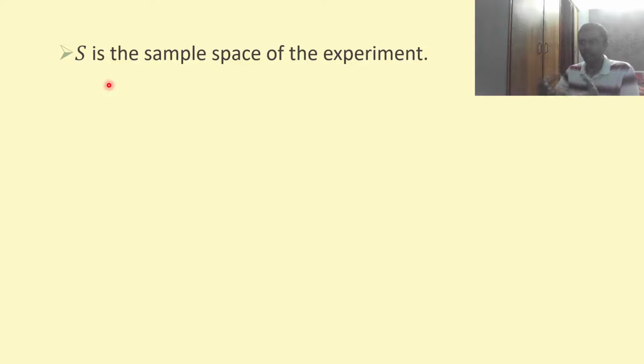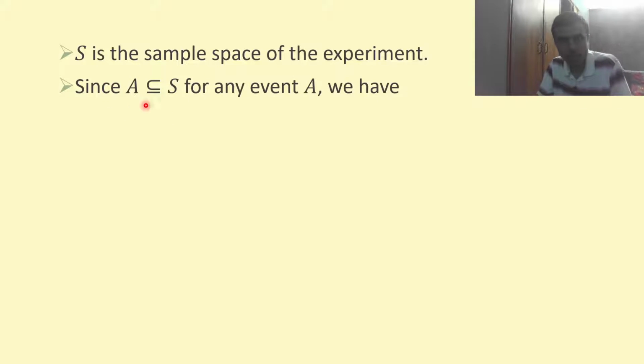Any event A will have some outcomes of the experiment, but S will have all the outcomes of the experiment. That means A is a subset of S, for any event A.